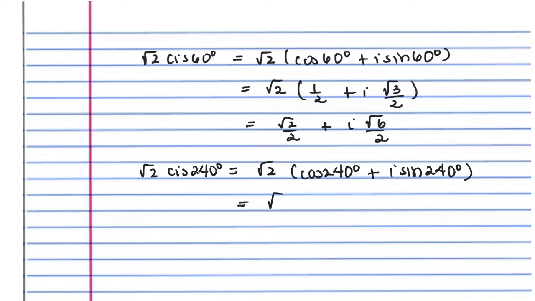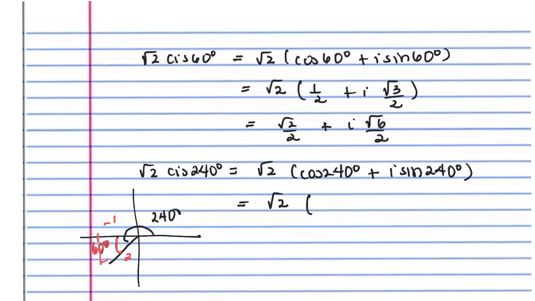And 240 is going to be in the third quadrant. It's going to have a reference angle of 60 degrees. And so we know that the cosine is going to be negative, so we're going to get a negative 1/2.